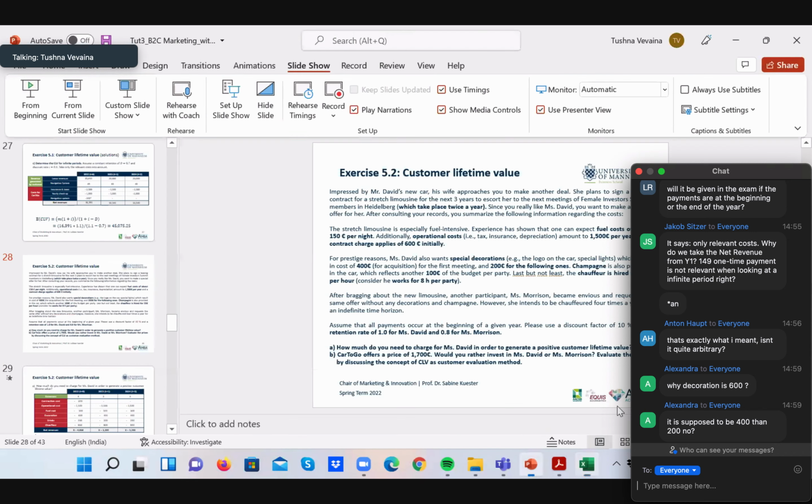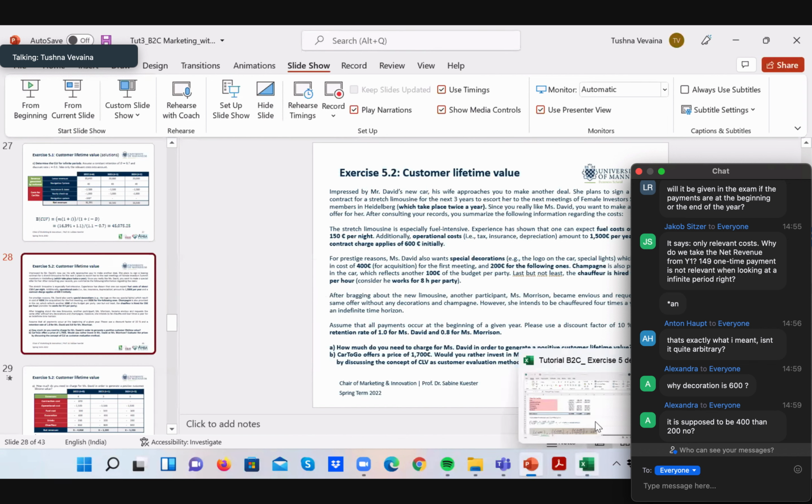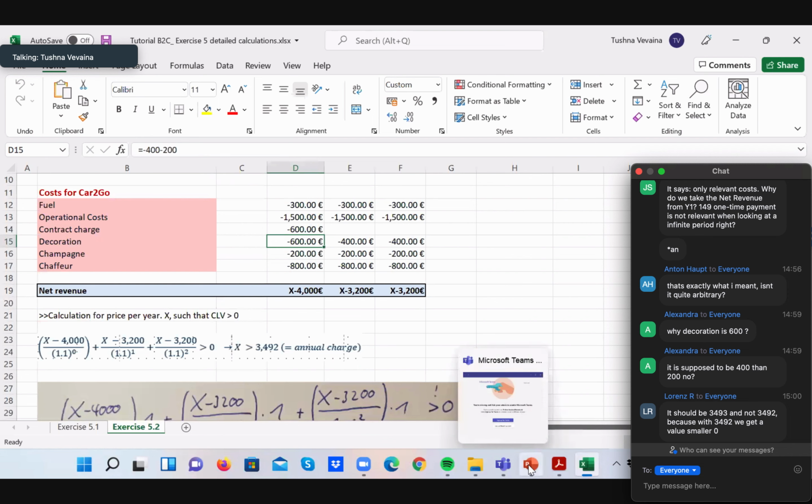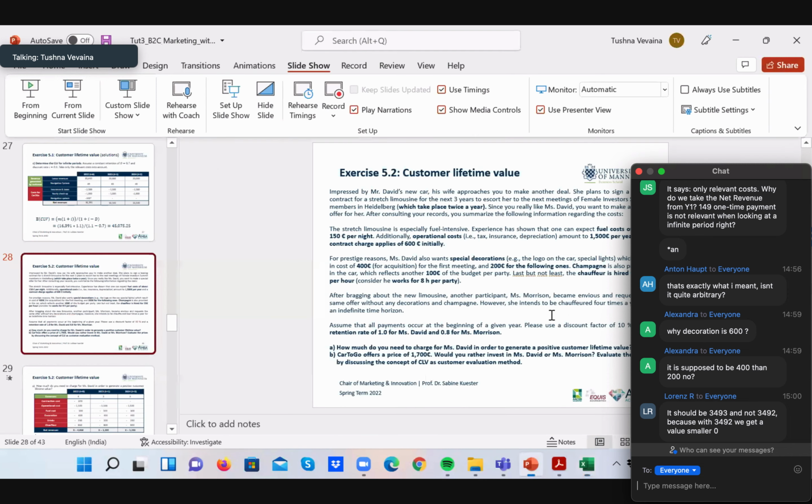Decoration, did I put this in wrongly? No, so for example, we say acquiring these decorations is going to be that much, and then it's going to be 200 extra for the following ones.